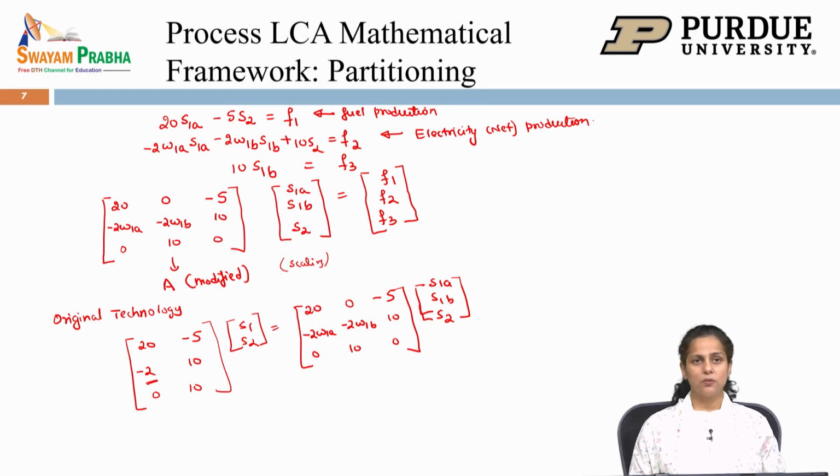So, that is the way we develop what we call the partitioned technology matrix. Now, the system is all set up, and based on the goal of our LCA we can use this system by setting the right final demand. Okay, so let us move forward and look into the other case.